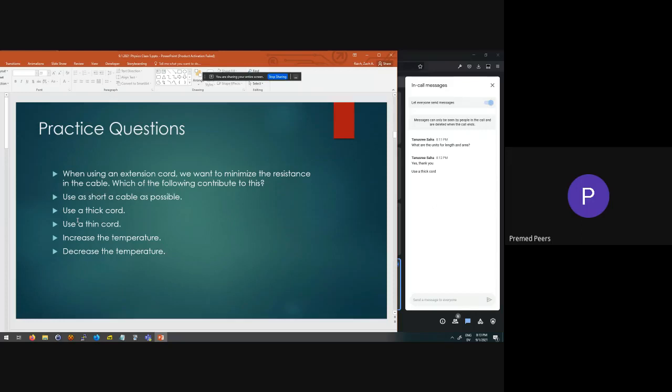Thick cord. Okay, any more? Remember the equation, resistance is resistivity times length divided by area. Decrease the temperature.